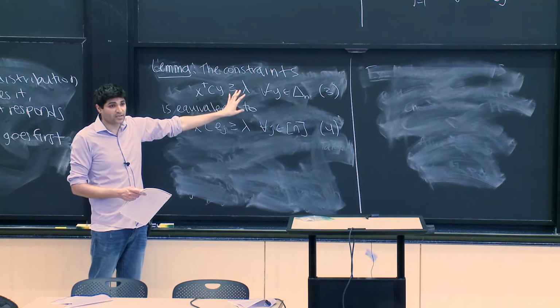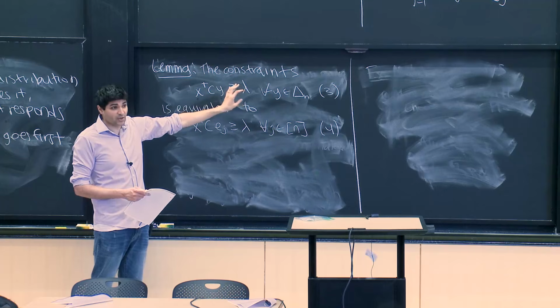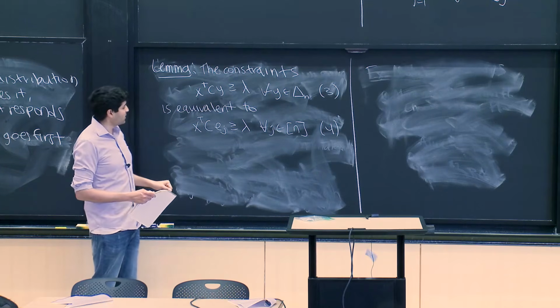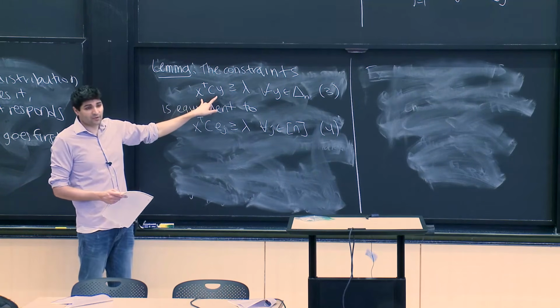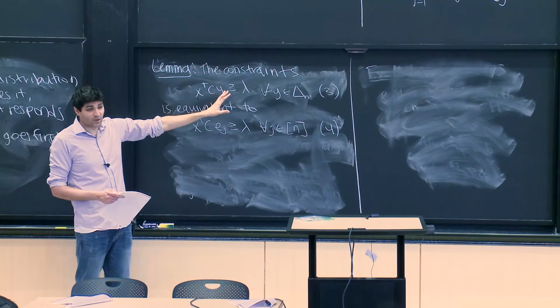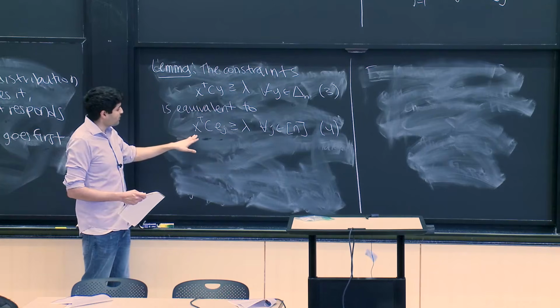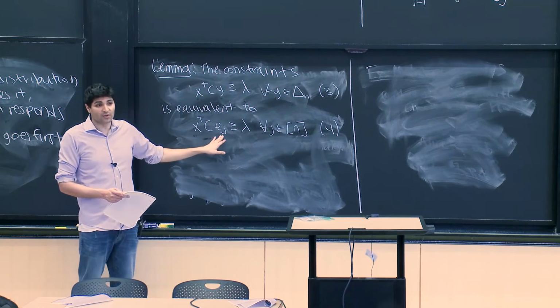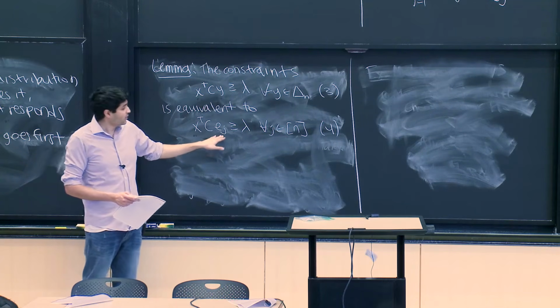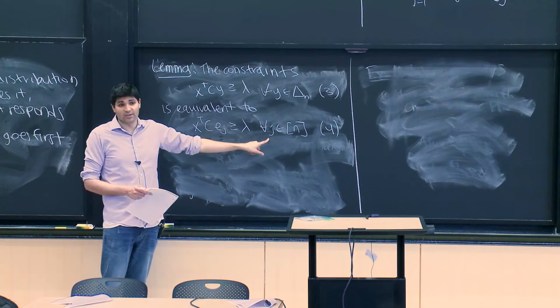No matter what randomized strategy you try, I get at least lambda. I claim that this system of constraints captured by equation 3 is equivalent to this much simpler system, where when I play x, I just have to consider strategies for y that are deterministic strategies.